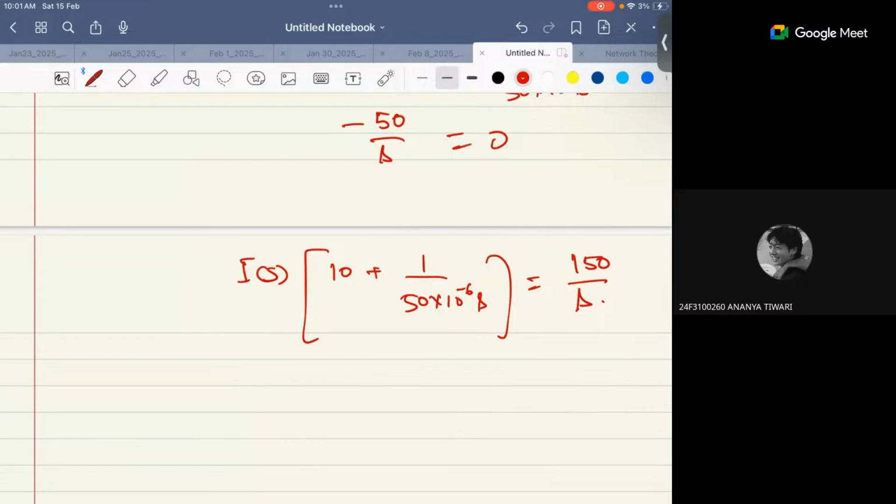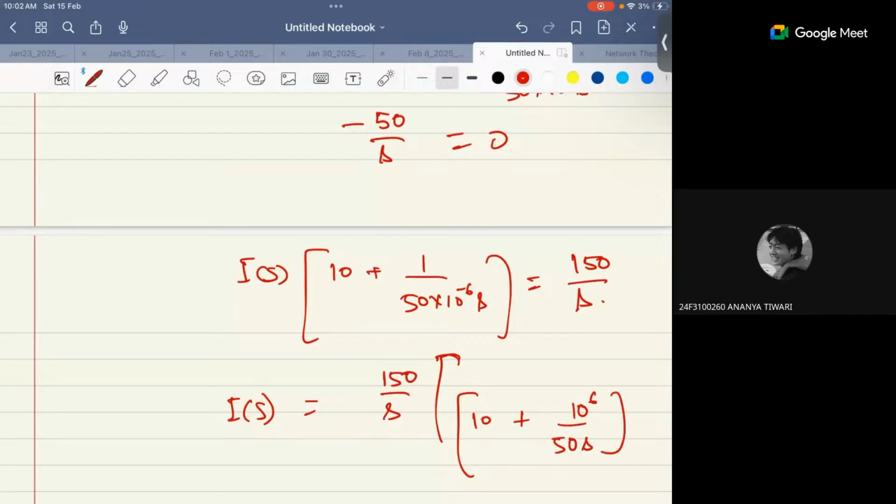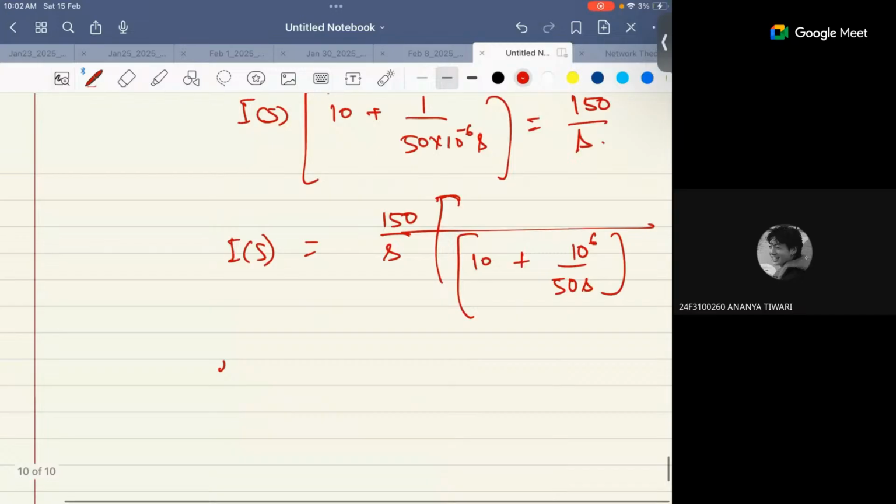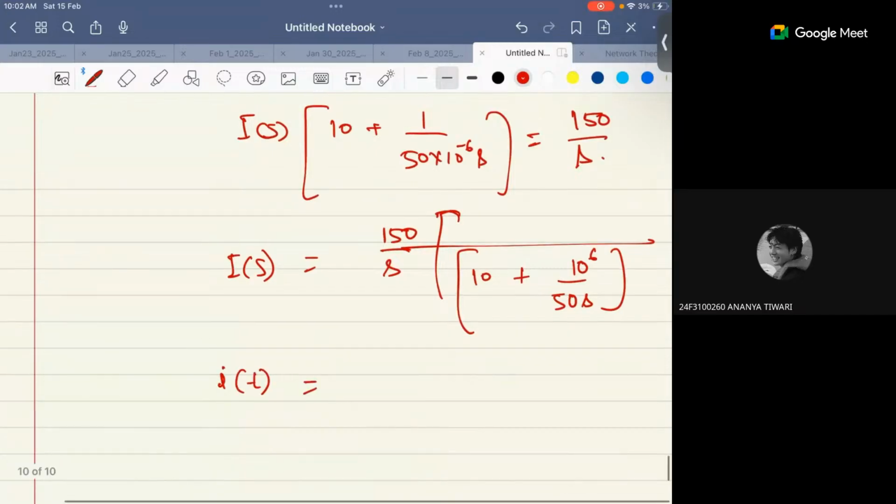Then I(s) is 150 by s, and this goes to the denominator, so it is 10 plus 1 upon something like that in the denominator. And to calculate i(t), you can take the inverse of this, which will also be in the form of A over (s plus B) for whatever the values.